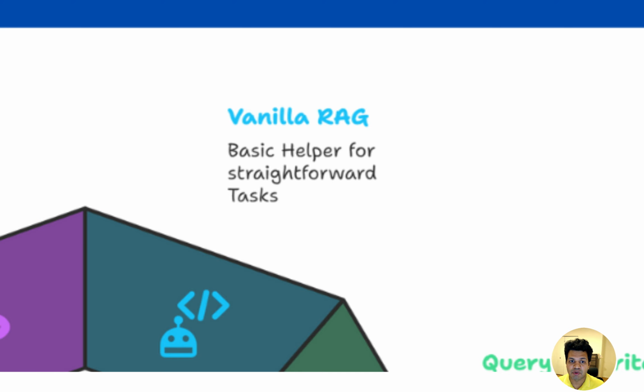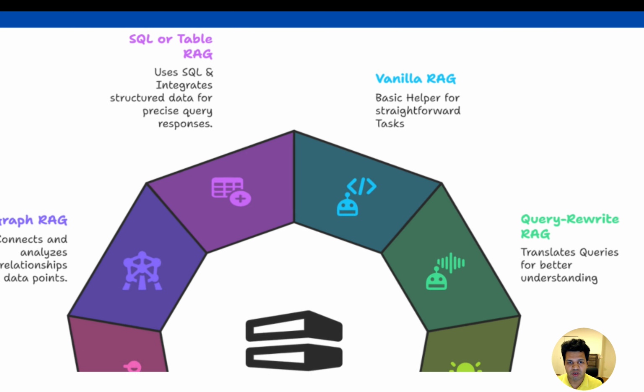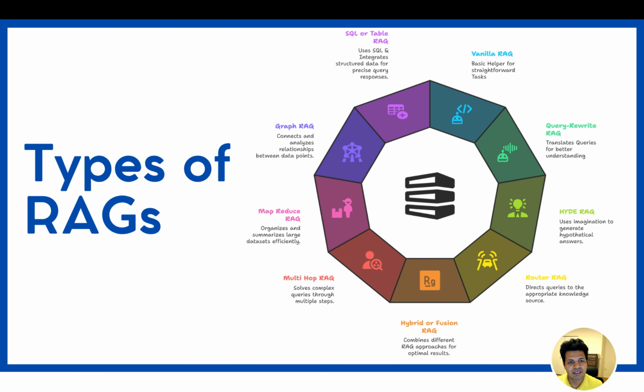If I take an example, you ask your school chatbot, "What's for lunch today?" It will look in the cafeteria menu file and tell you today's lunch is mac and cheese with fruit salad. Now, what is the real world application for vanilla RAG? Well, it is actually used in customer support bots, school or office information assistants, and FAQ based chatbots.